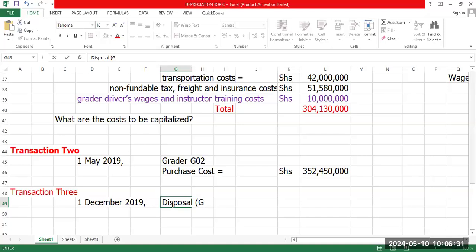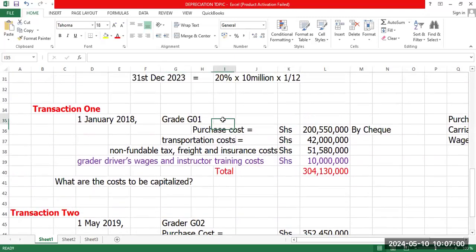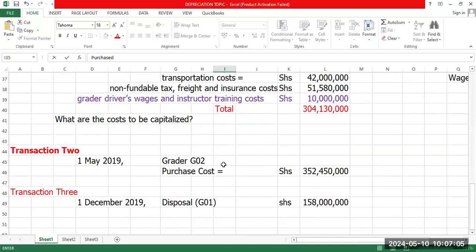This is grader 01, G01, and at how much? 158 million. Perfect. Here we just purchased. Here also we just purchased. We acquired.